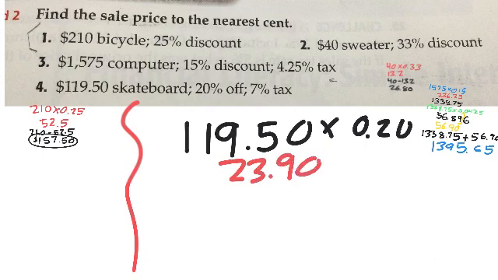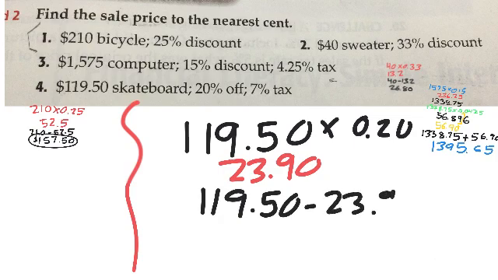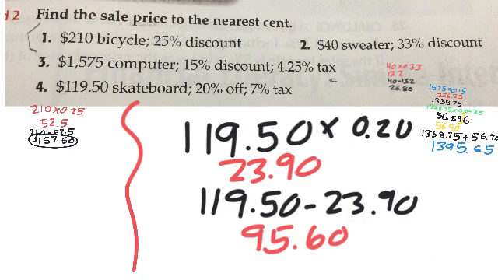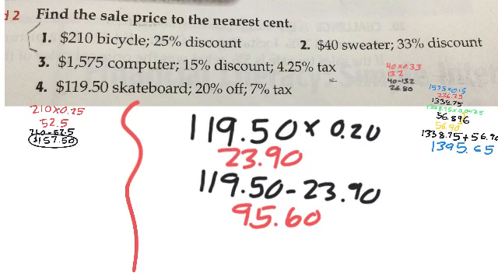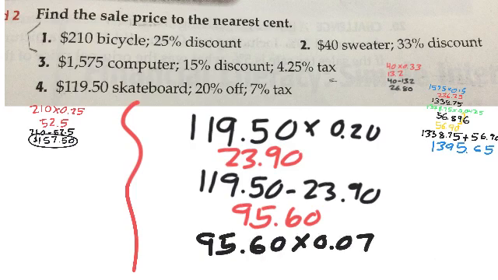So I subtract that from 119.50. So I'm going 119.50 minus 23.90. And when I subtract those, I get $95.60. So that's my new subtotal. Now, this is being taxed at 7%, so I'm going 95.60 times 0.07.